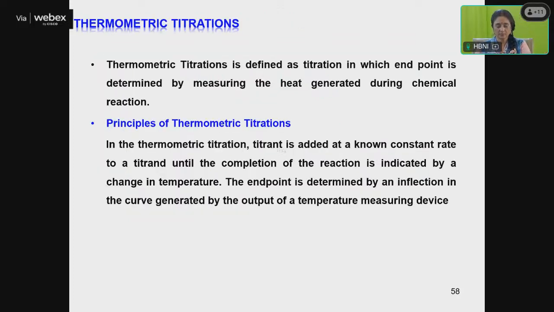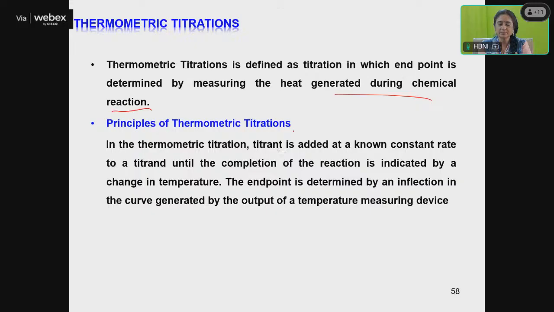Next come the thermometric titrations. A thermometric titration is defined as a titration in which the end point is determined by measuring the heat generated during the chemical reaction. Thermometric titrations are also used extensively for various materials.